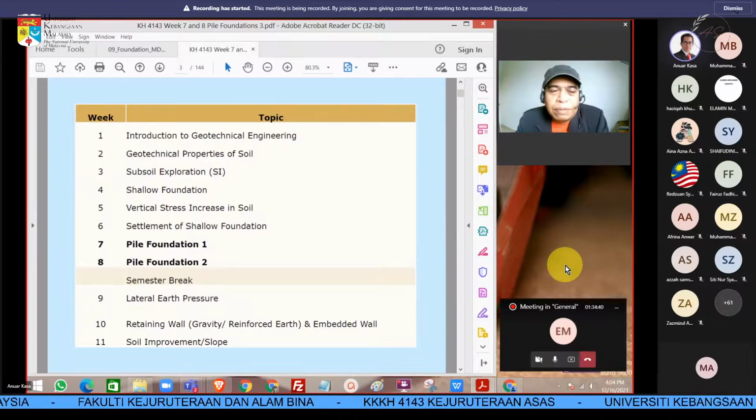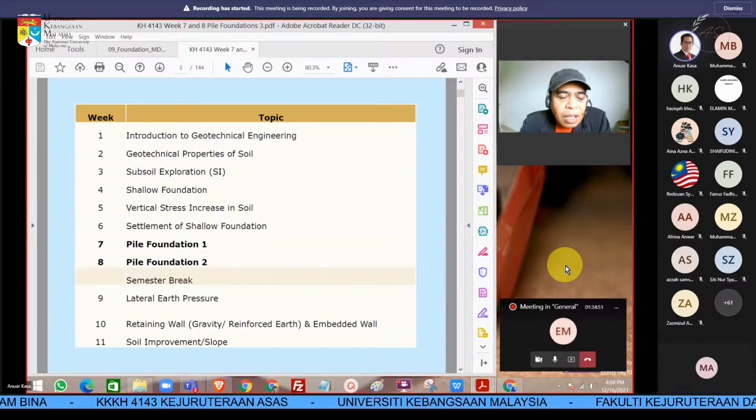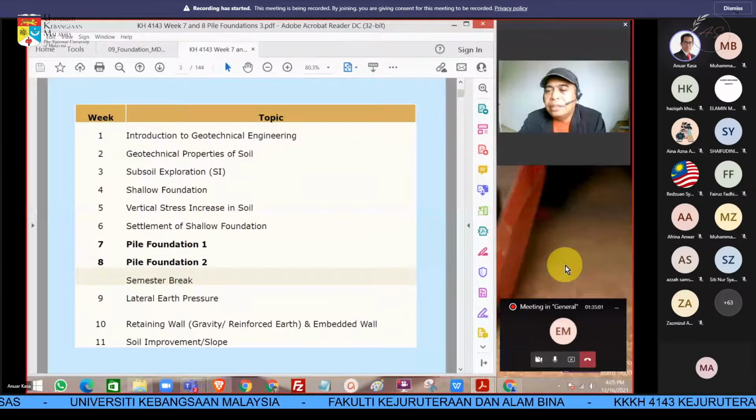For this course, in the second half of the semester, we are going to deal with pile foundation, lateral earth pressure, retaining wall, and soil improvement or slope.